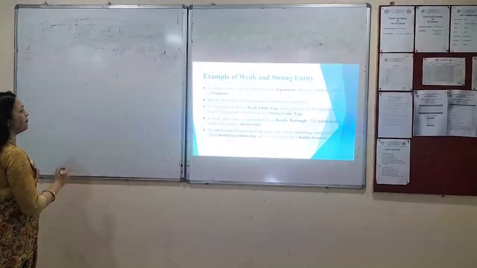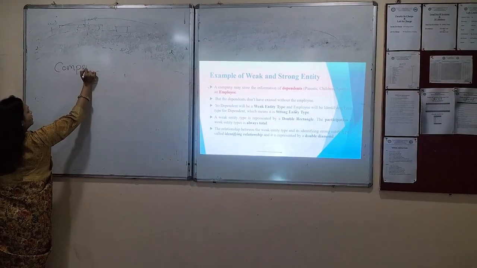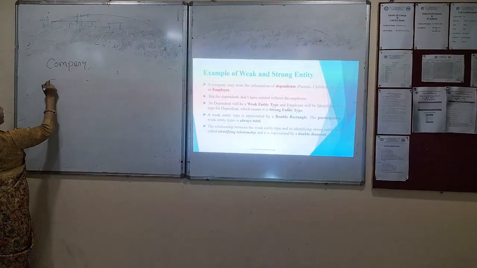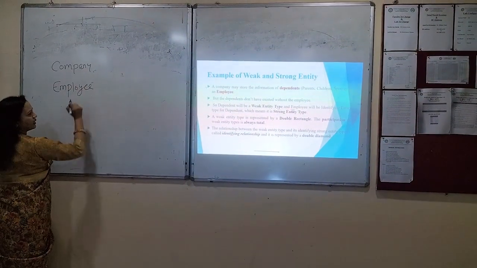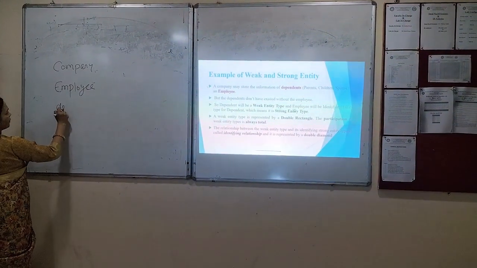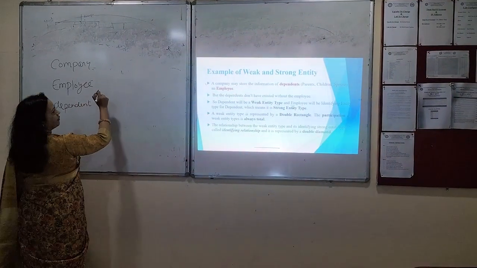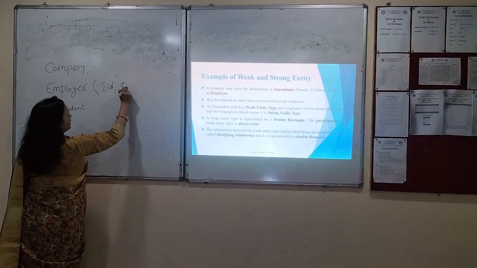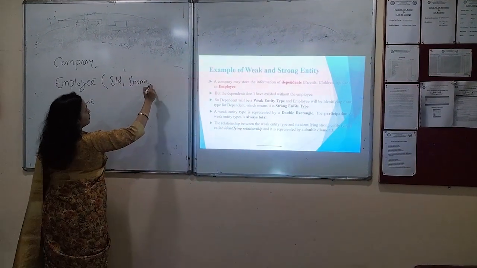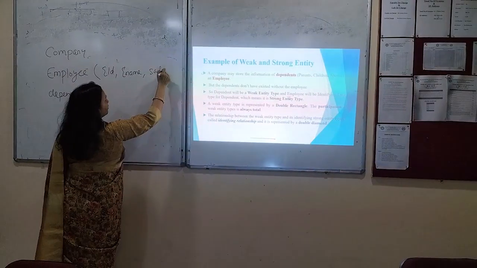See, a company database is there. It has two relations. First is the employee table, right? Another is the dependent table. In employee, we have EID, e-name, and suppose salary, right?